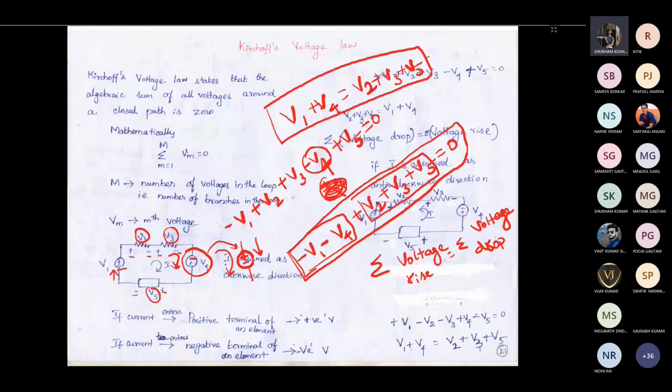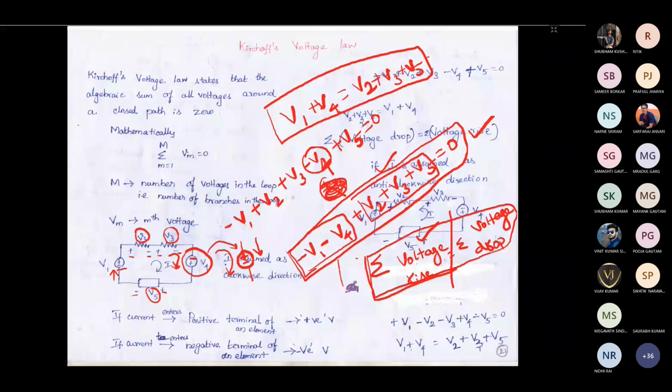You can represent it in either way, but generally we will not represent it like this, because this is mere representation. In general, for analyzing the circuit we will be using the earlier equation.